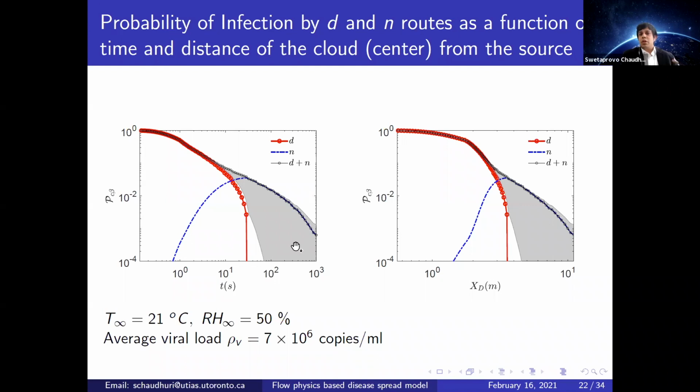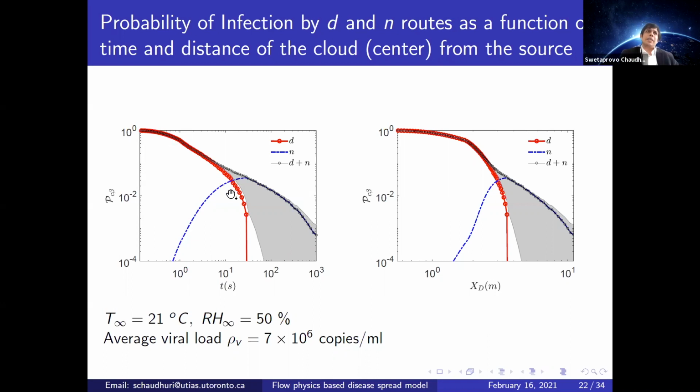But of course, they do not go away. They leave behind these droplet nuclei. Okay, so now the probability of infection by the droplet nuclei picks up, and we see that they continue. But clearly the probability of infection by the droplet nuclei is always smaller than that of inhaling the droplets.